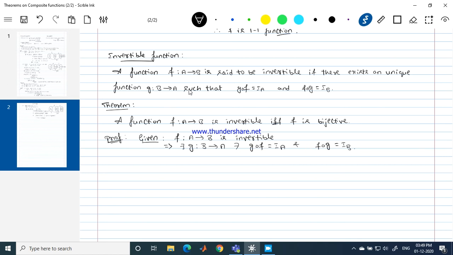So this comes from the definition of an invertible function. Here I need to prove that F is bijective.